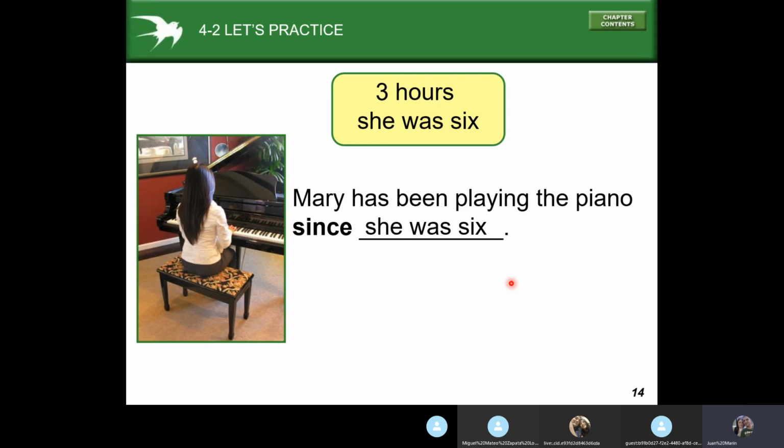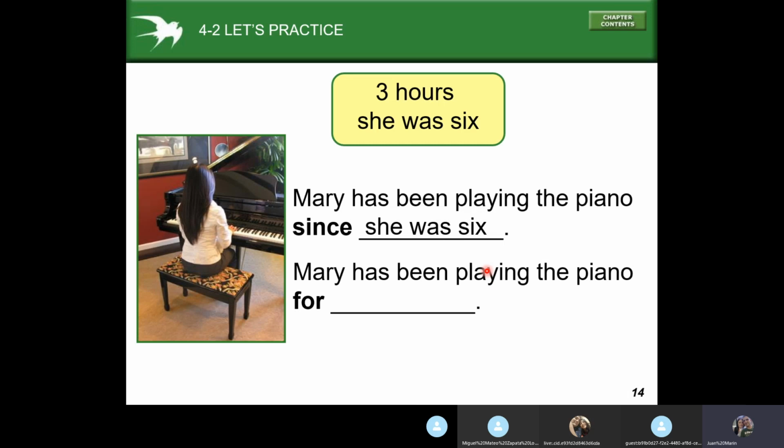Very good. Remember the pronunciation here. Look, we have was, and we have 6. So we have the same sound, s. So we just say this one, 6. Since she was 6. She was 6. Yes? Okay, well, let's continue.